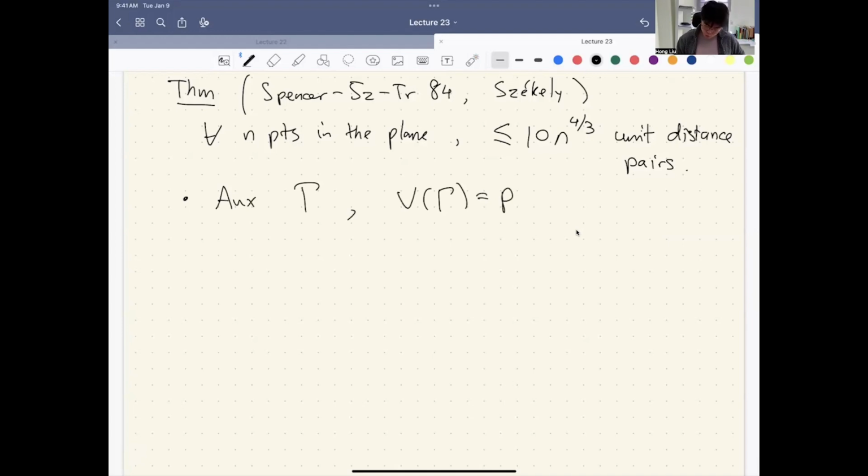For each point, which is each vertex V, we're going to draw a unit circle around it. Okay.